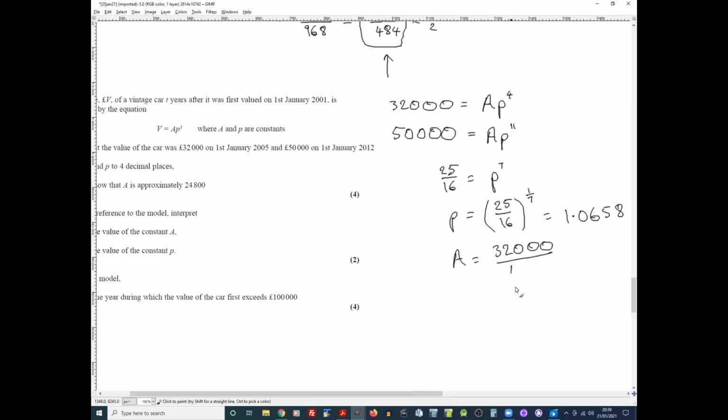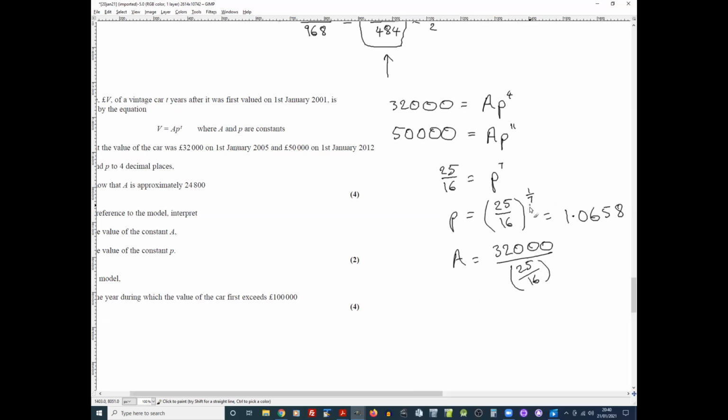We've got a fraction in a fraction. What fraction of this power do we want on the bottom? Could we express it as 32,000 times this fraction to the minus a seventh?